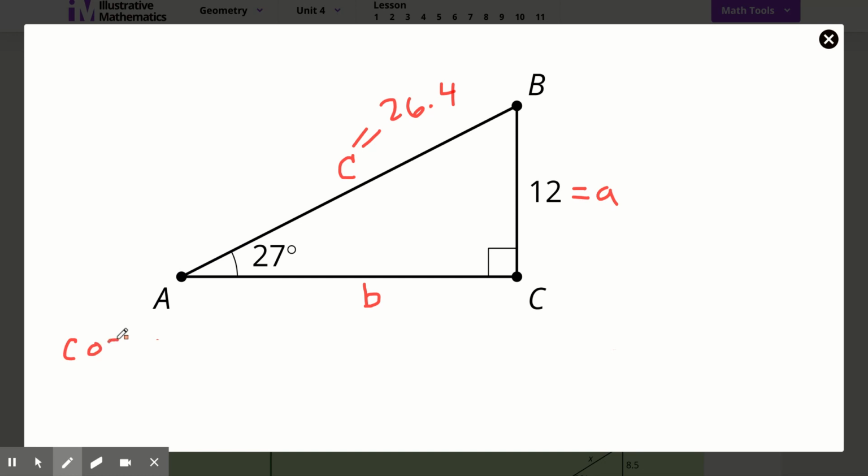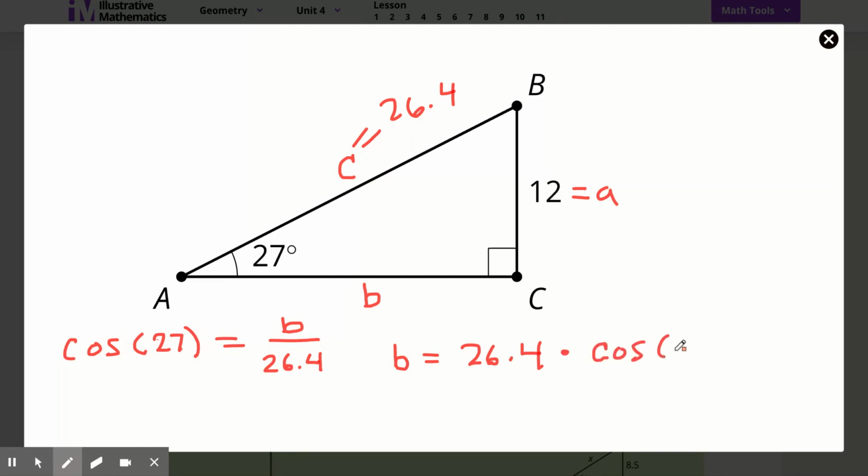So I'm going to do cosine of 27 is equal to B over 26.4. And I know how to find B. B is equal to 26.4 times cosine of 27.